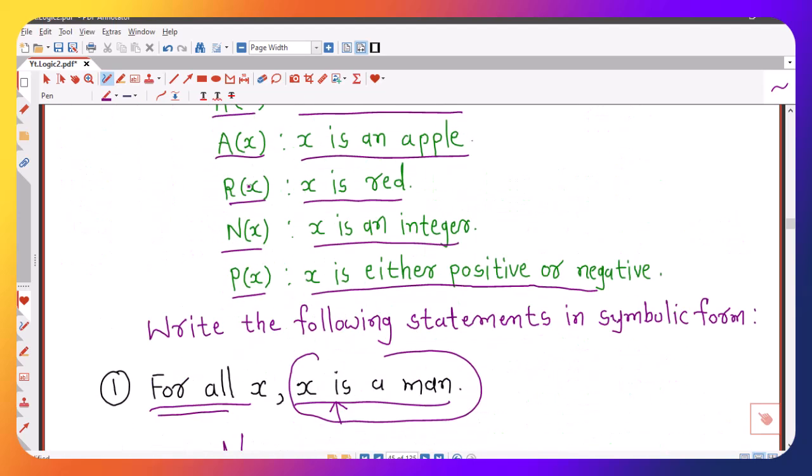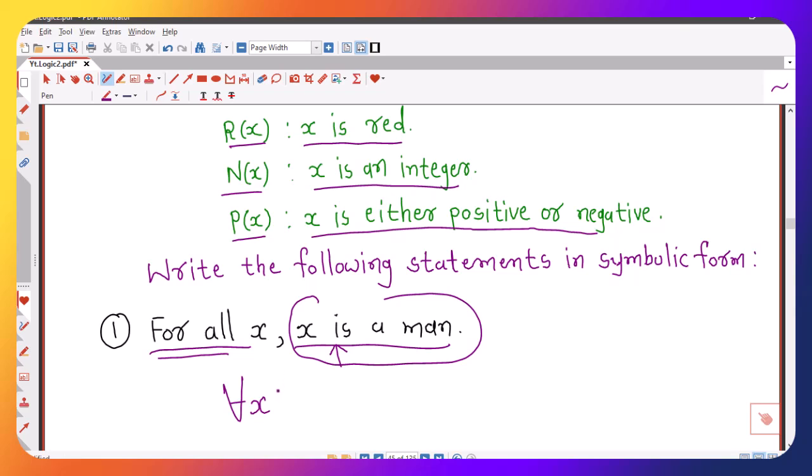So we can simply write for all x, Mx. Some authors use brackets also: for all x in brackets and Mx in brackets. Both are valid notations.